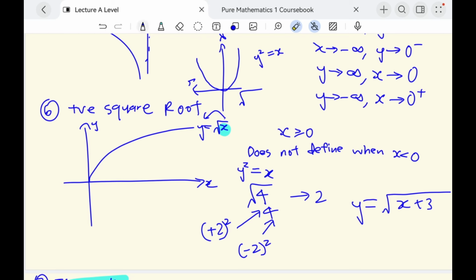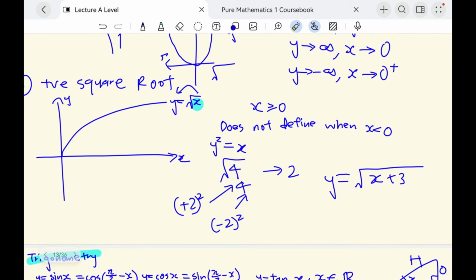As long as y equals the square root of x, your x can only be positive, including 0. The function is not defined when x is negative, because if you put a negative x inside the square root function, you will get imaginary numbers, and the codomain is no longer real numbers. It forms complex numbers.